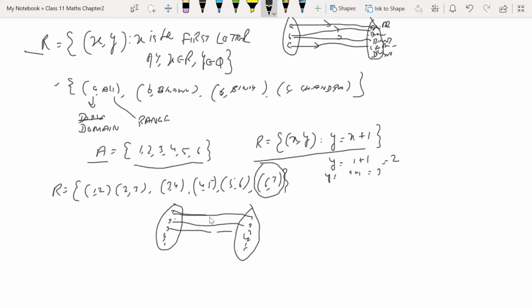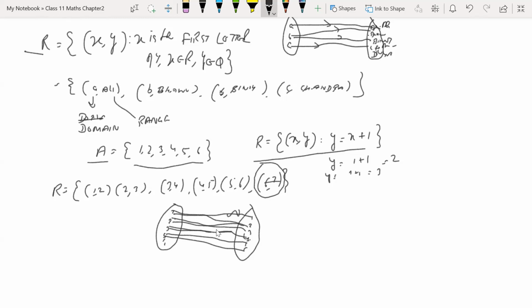So 1 to 2, 2 to 3, 3 to 4, 4 to 5, 5 to 6. But A is only up to 6. The relation is from A to A, so the second element will also be at most 6. So we calculate this till 6 only. We have shown it with the help of the diagram.